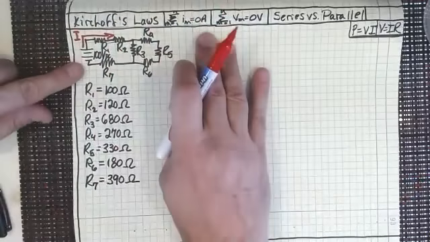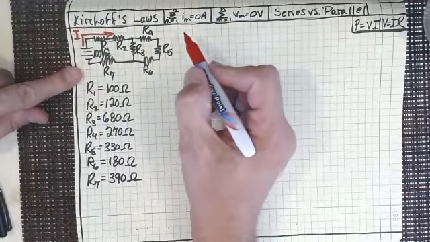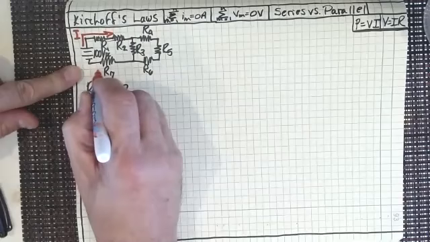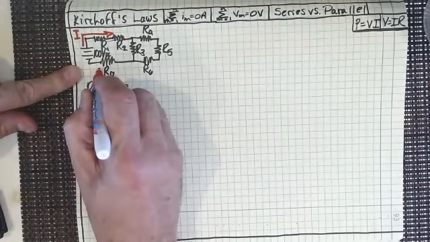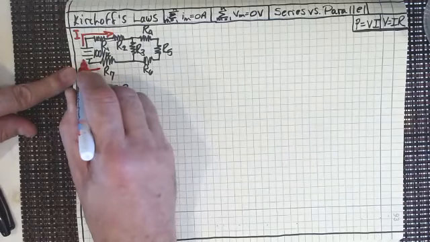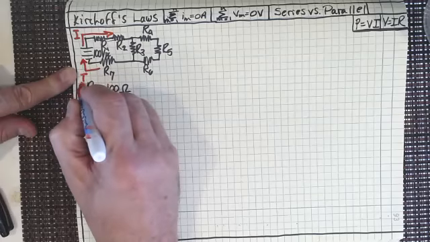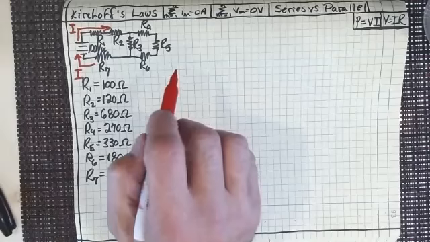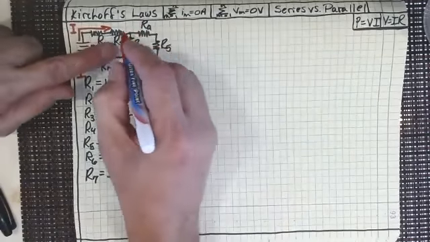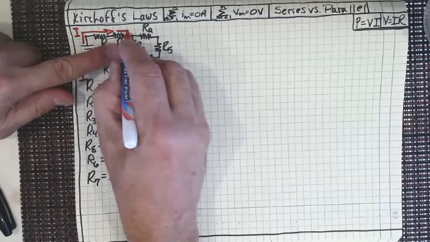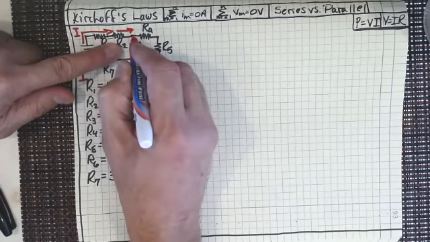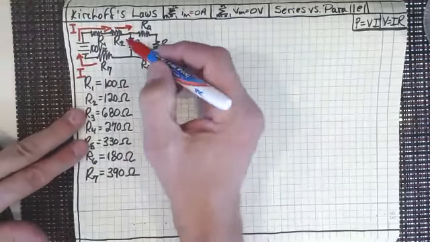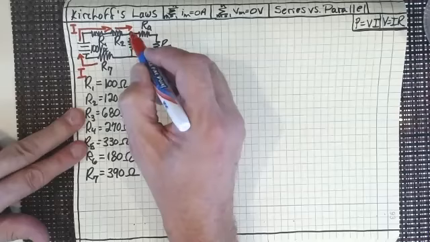In the end, and that's what Kirchhoff tells us, I have to have the same amount of I, I'm going to put that down here, coming back in, right? But what happens right at this spot? Right at that node?